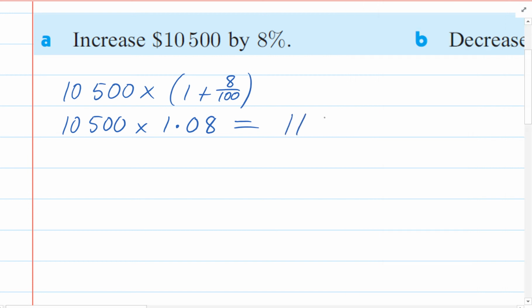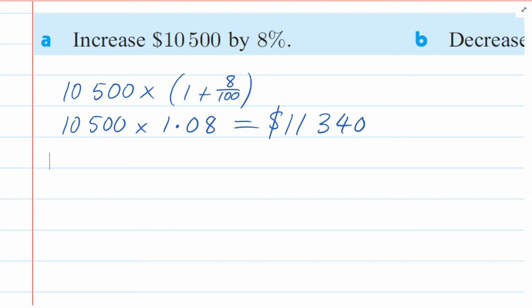So 11,340, and the question was asking us to increase $10,500 by 8%, so we should really put our dollar symbol in there as well. So just remember when you're doing a percentage increase to write it as a decimal so that you can simplify the way that you apply your working.